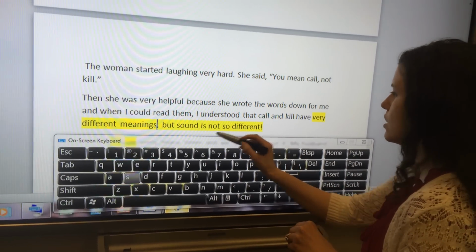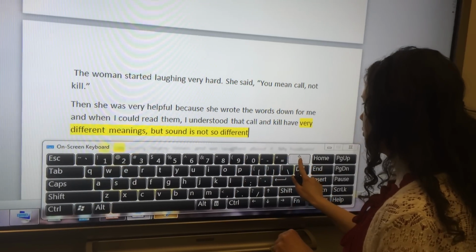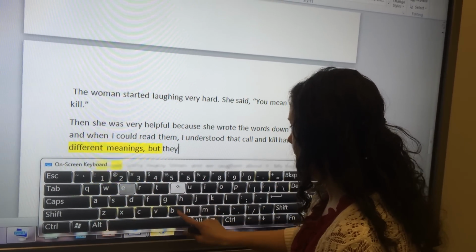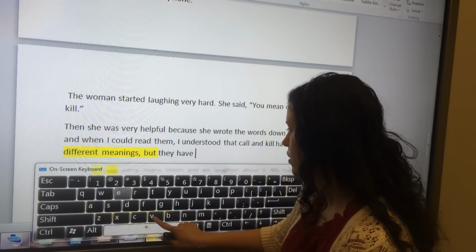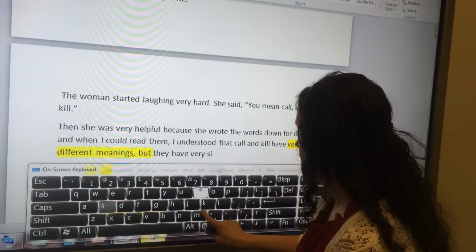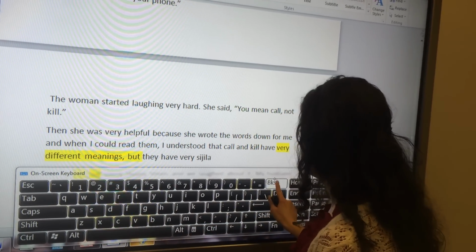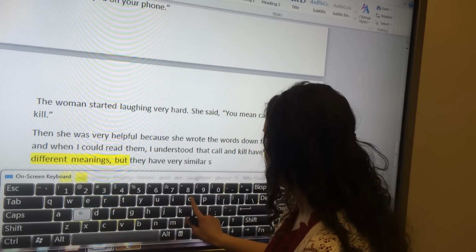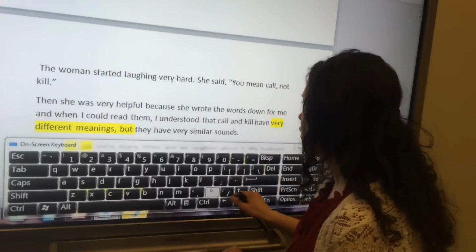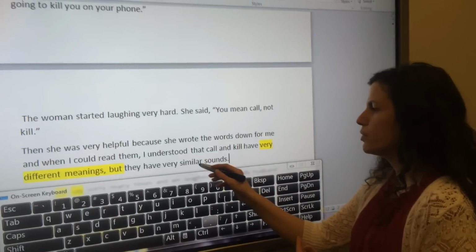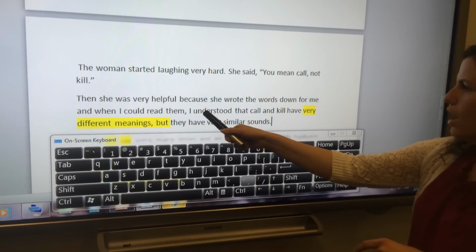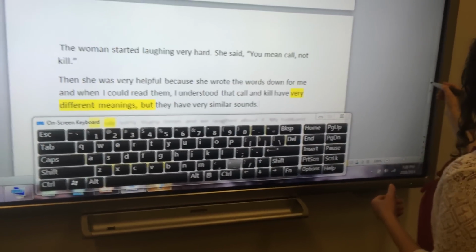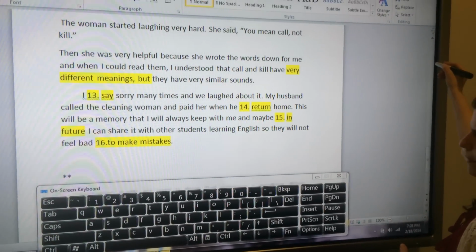But they have very similar sounds. So that meaning of "not so different," we use the word "similar," okay? So: I understood that call and kill have very different meanings, but they have very similar sounds. Okay.